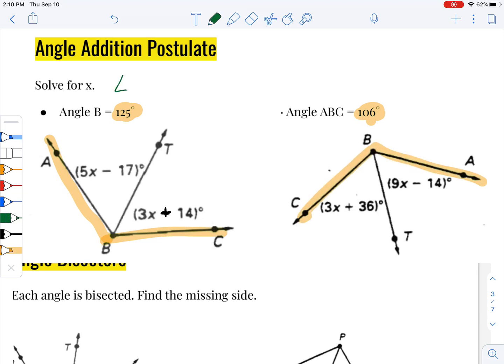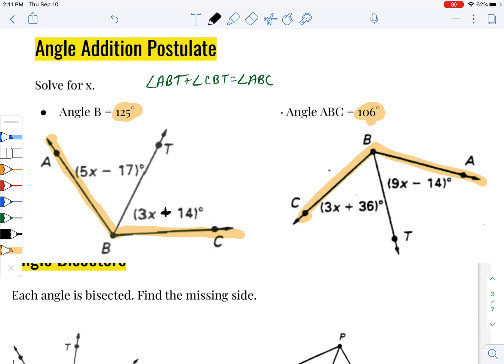So I've got angle ABT plus angle CBT equals angle ABC. So if I take my ABT plus CBT equals the whole angle there of ABC, and then I can fill in my known values.